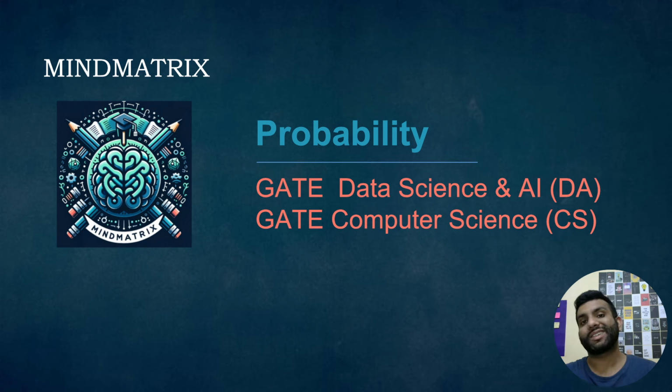Then we discussed the axioms, the laws, and conditional probability, and there were some fine, important concepts which are generally missed when we discuss this probability chapter and some other GATE exams. But because it's the DA exam, it is very important to understand all these intricacies. I hope you have followed that.